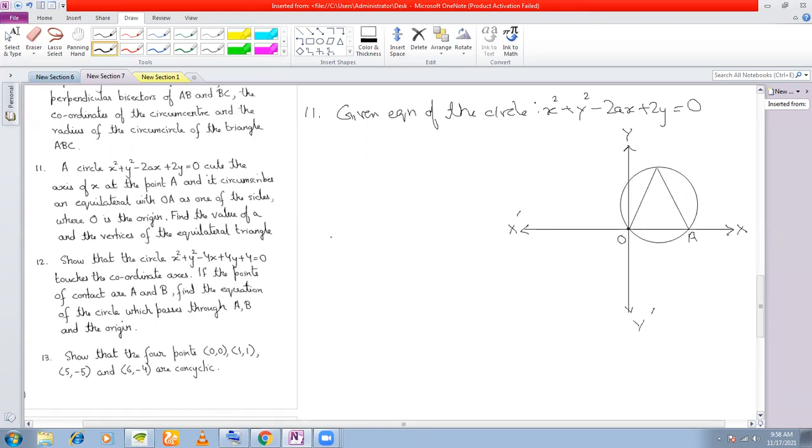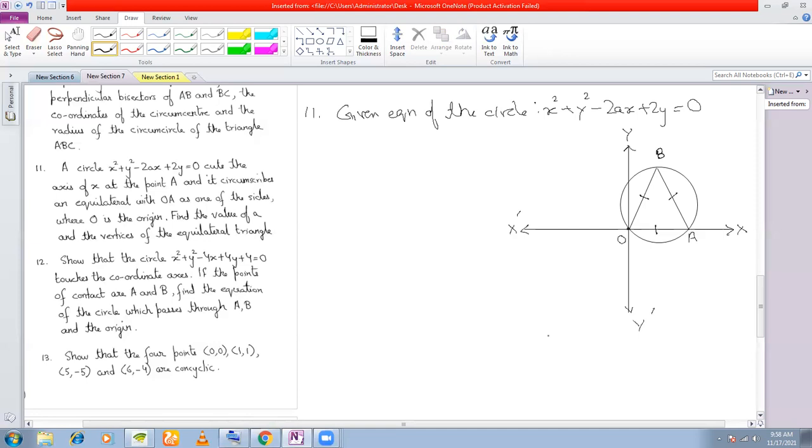Find the value of A and the vertices of the equilateral triangle. Okay, let's call this vertex B. You need to find out the coordinates of A, B, and C, and the equation of this circle is obviously given to you. Okay, so this is an equilateral triangle.